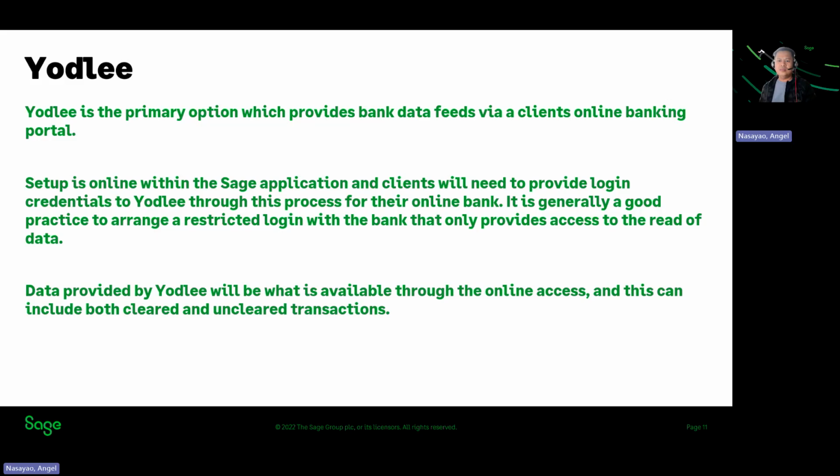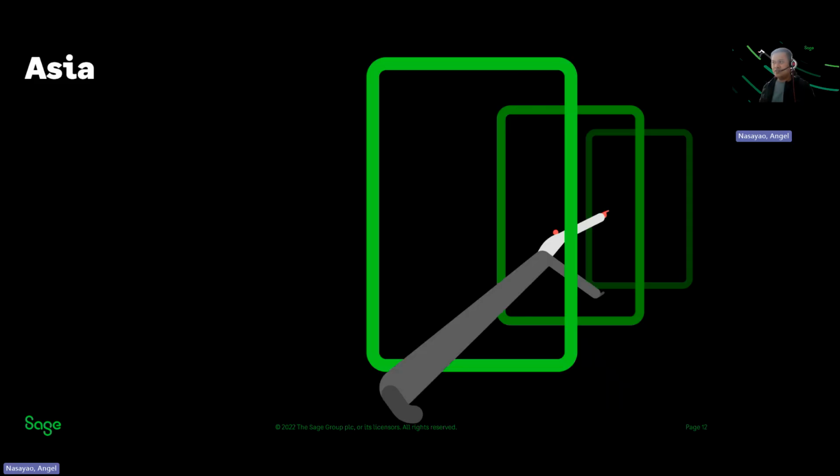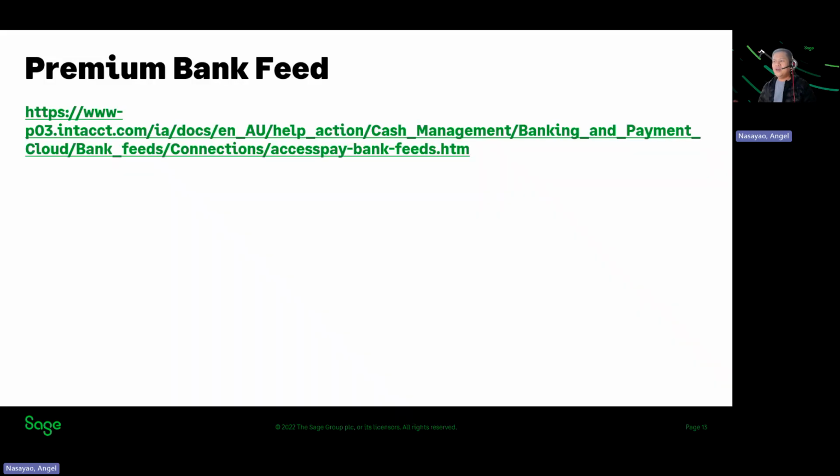That's for New Zealand. For Asia, we have other services. So let's say for Singapore or Malaysia, if a bank feed is actually a requirement, then you have the option to use the link from the help center to look at other options, like Access Pay, which is a third party that provides connectivity to your banks in order to retrieve bank transactions for bank reconciliation.